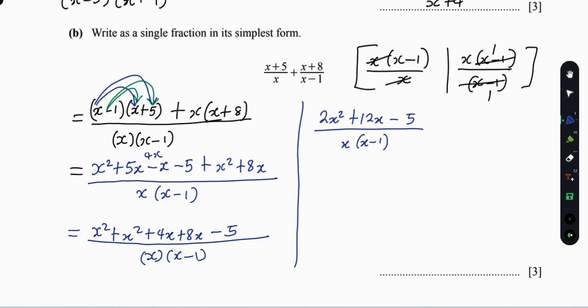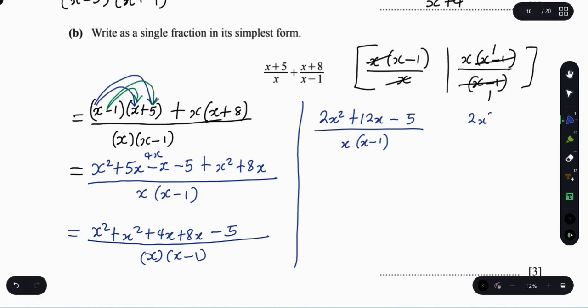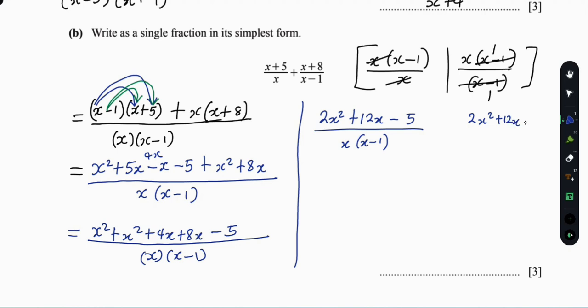Now, is it possible to factorize the top part? Let's see. We have 2x squared plus 12x minus 5. If you multiply the first and last terms, we get minus 10x squared.